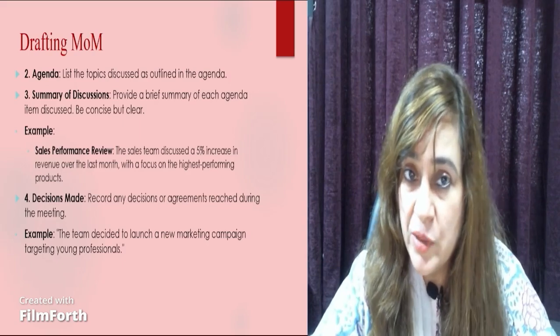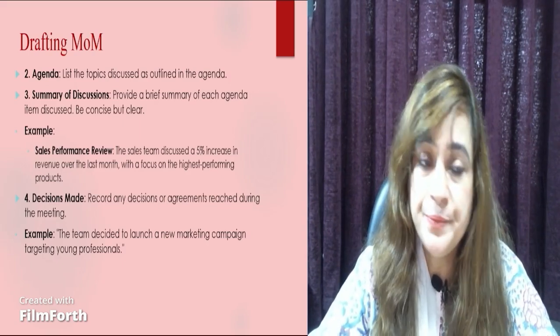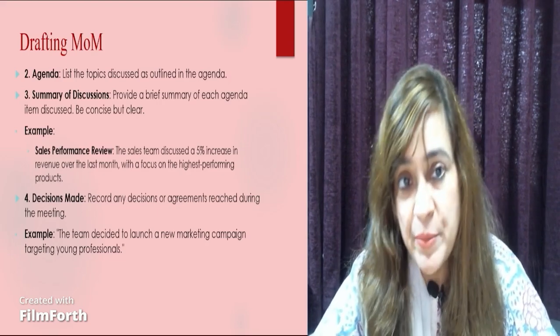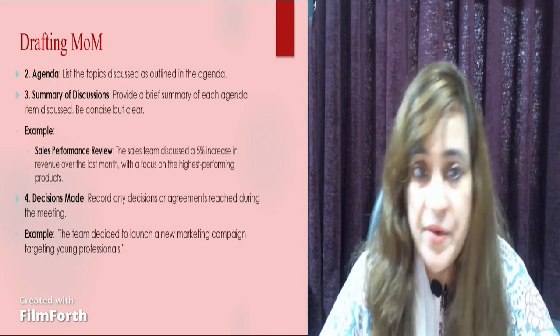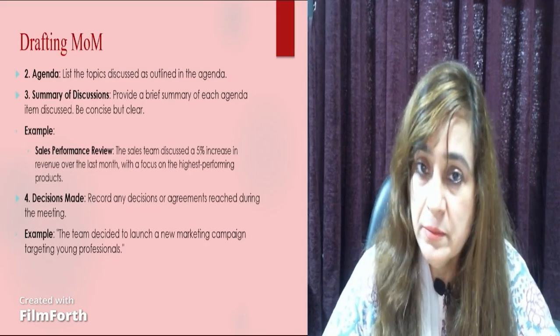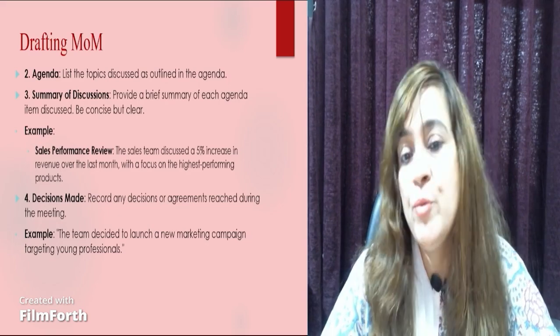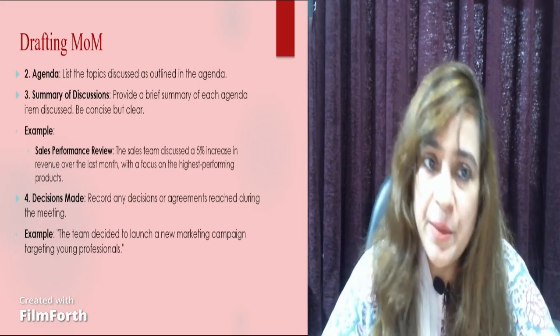The agenda has to be fully discussed, or the topics need to be penned down in the MOM with respect to the agenda. Then there has to be a summary of whatever has been discussed. As I just said, everything that has been discussed in the meeting goes into the minutes of the meeting, and a brief summary has to be taken.